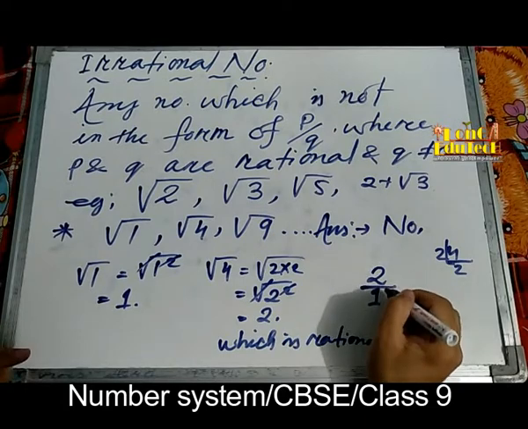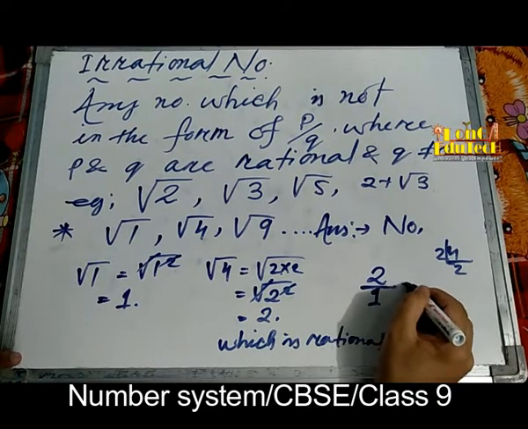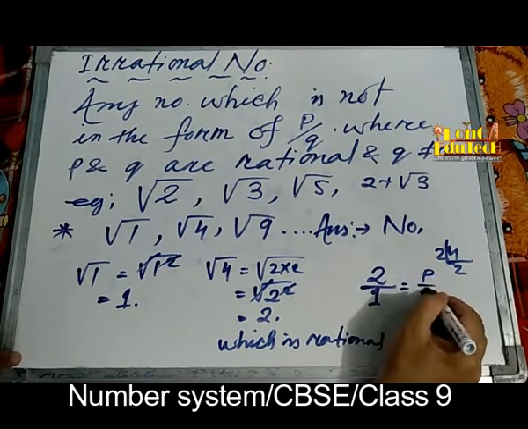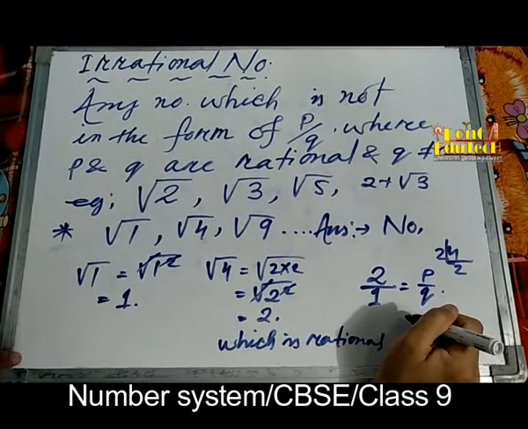That is 2 by 1. We can write it down. So it is in the form of p by q. We have to keep that in mind.